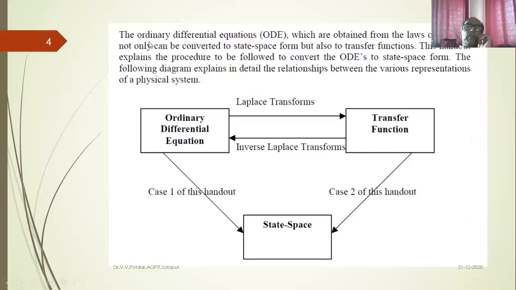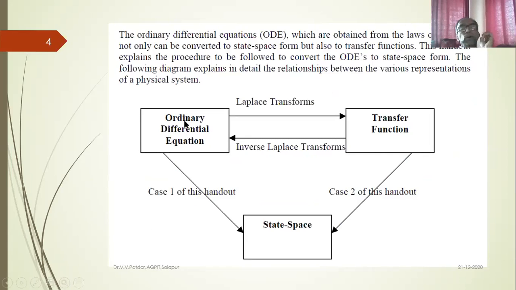So in block diagram format, the ordinary differential equations which are obtained from the laws of physics can be converted not only to state space form, but also to transfer functions. This handout explains the procedure to be followed to convert ordinary differential equations to state space form. The following diagram explains in detail the relationship between the various representations of physical systems.